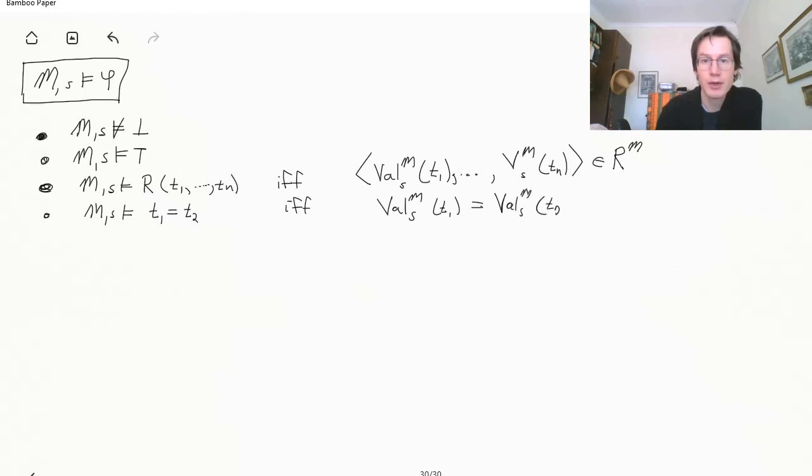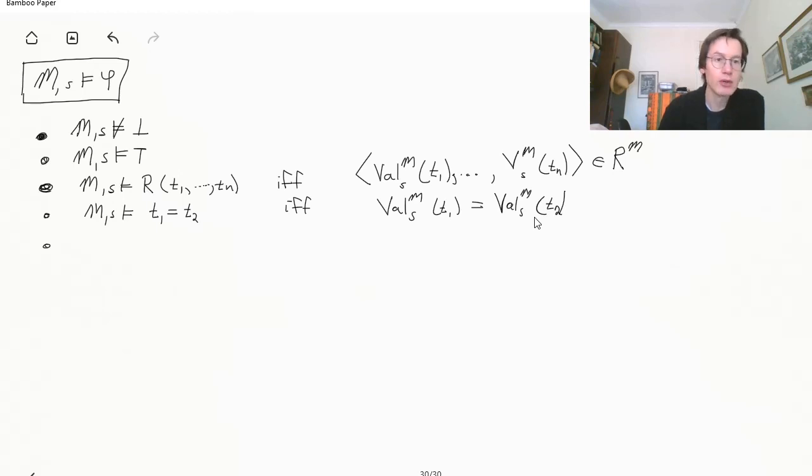The value of T1 in structure M relative to assignment S is equal to the value of term T2 in structure M relative to assignment S. All right, so those are the base cases. We've covered the falsum, the verum, the atomic formulas.